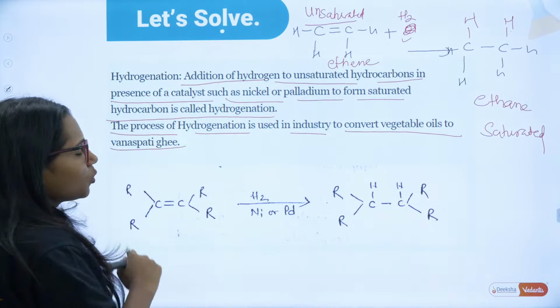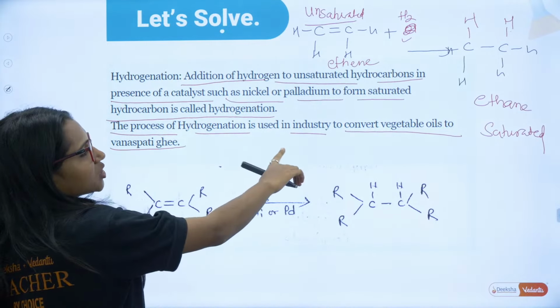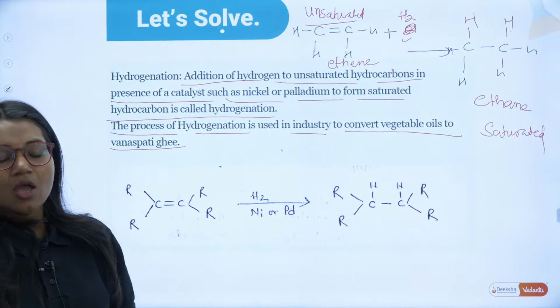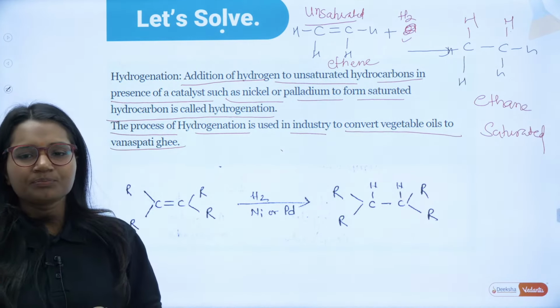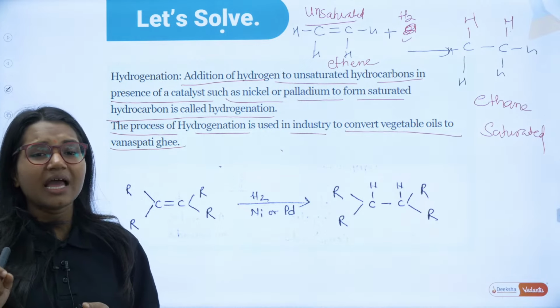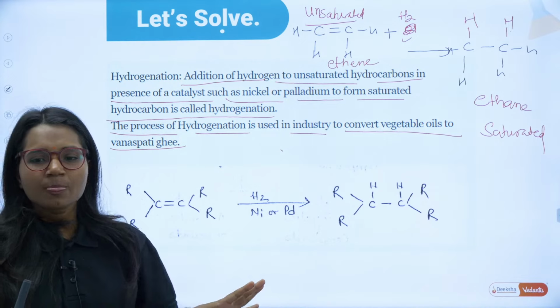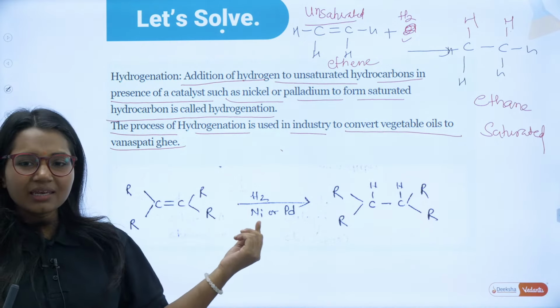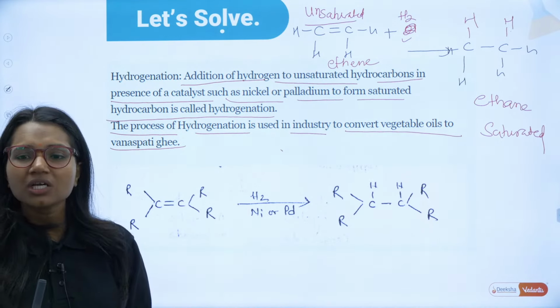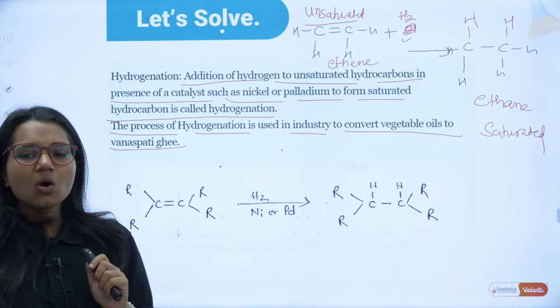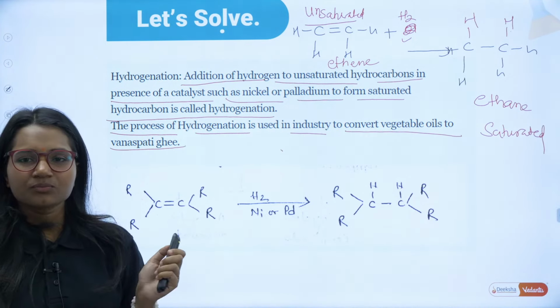Correct? So, will you remember this question? What is hydrogenation and what is the use of that? If you write this reaction, here it is an alkene. Here we have added hydrogen and we got an alkane. Correct? Okay. Now let's move to the next question.